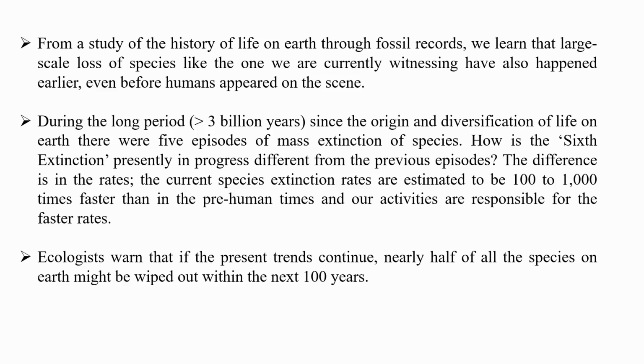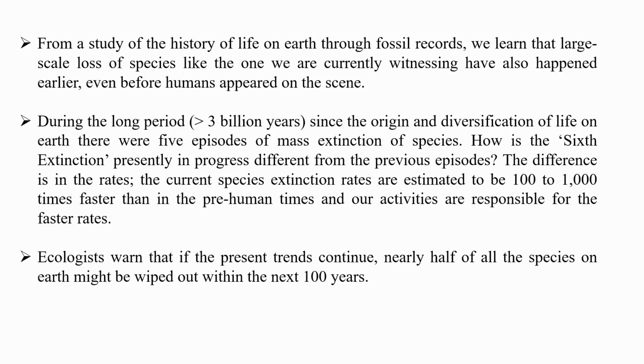The difference is in the rates. Even earlier, extinction of species happened, even when humans were not there. But those were the 5 episodes of extinction, and now we are facing the sixth episode. The difference in the sixth episode is in the rates.